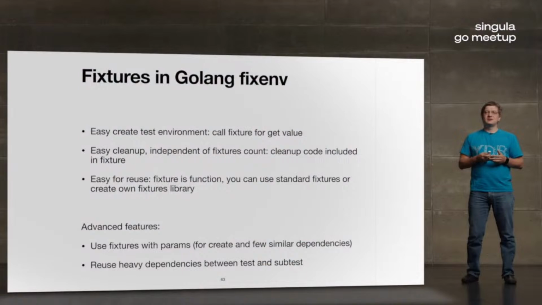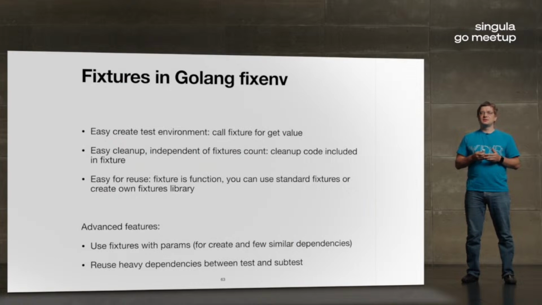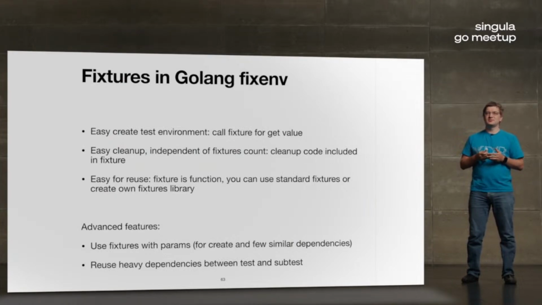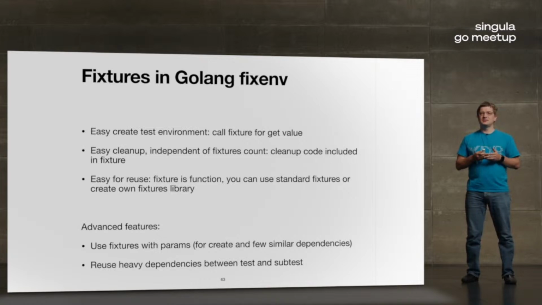For example, if you need a database for tests and creating the database is long, then you can define a fixture scope, for example, test module, and all tests will reuse the same database, and the cleanup code will be called after all tests finished. Today we talked about fixtures in Golang tests.